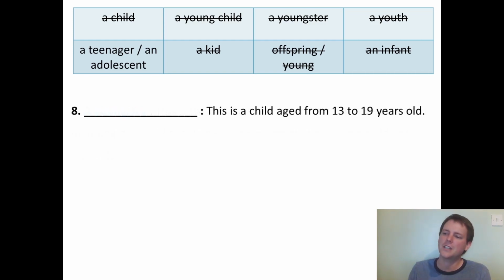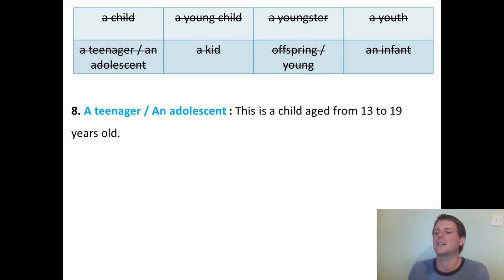This is a child aged from 13 to 19 years old. It can only be a teenager or adolescent. Yes, clues in the word. Teenager. So 13, 14, 19. 12? No. The ages with teens in them is a teenager, and an adolescent is the exact same meaning. This is also a common mistake.